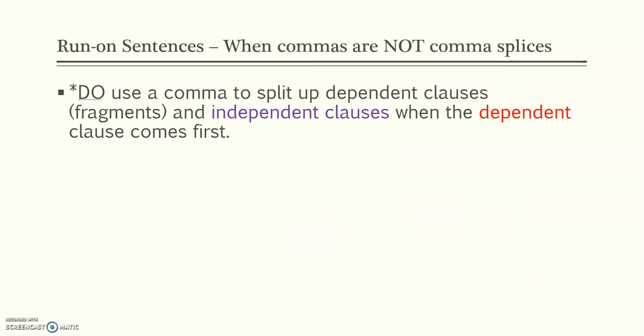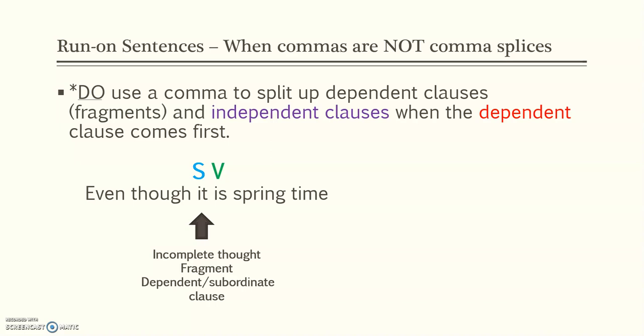The rule is you do not combine sentences or independent clauses with just a comma. You may see commas used between phrases and clauses other places, so please don't confuse that. You do use a comma to split up dependent clauses or fragments and independent clauses when the dependent clause comes first. Here we have an example, even though it is springtime. While we have a subject and verb, this is a fragment and an incomplete thought because of that first phrase, even though.